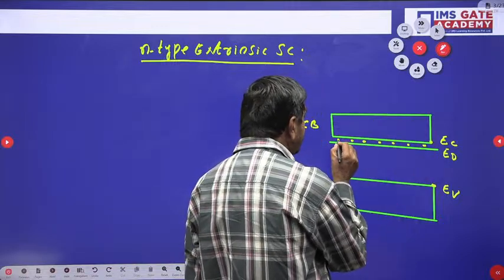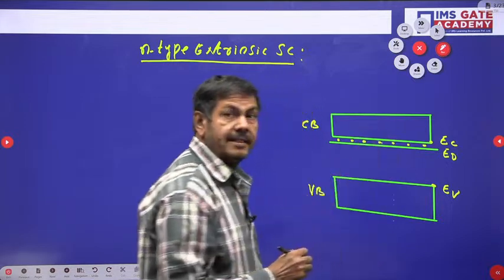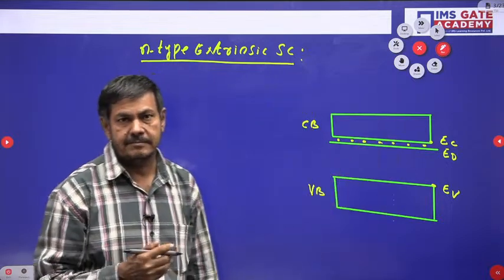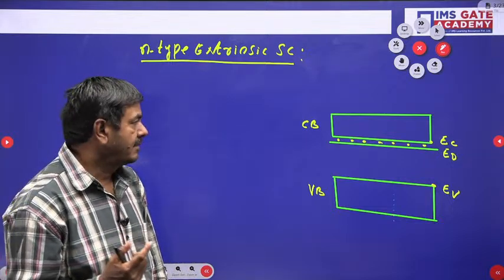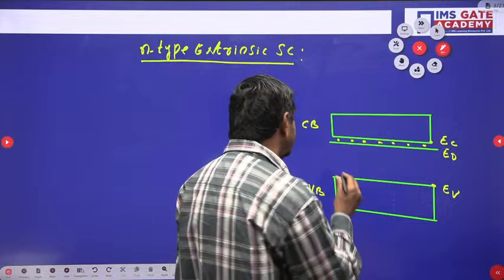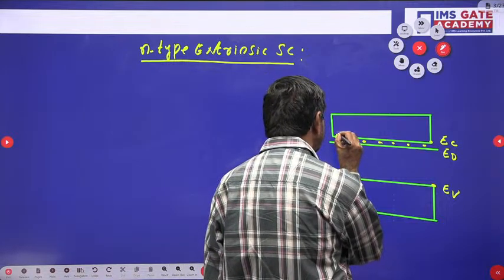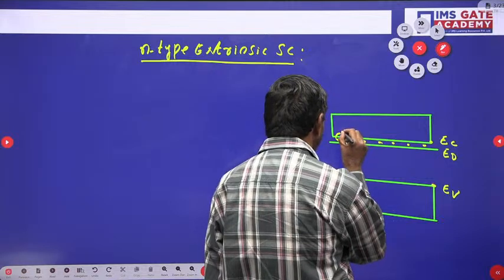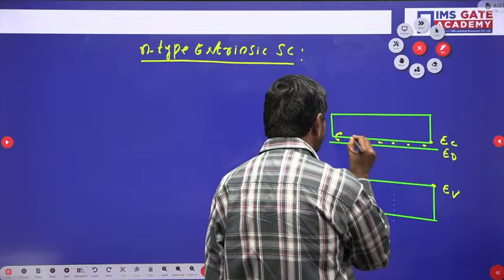But these are the electrons. To move to the conduction band, it doesn't require more temperature. Very little temperature is required. Because of that, these electrons will move from this discrete energy level to the conduction band, they will reach it.